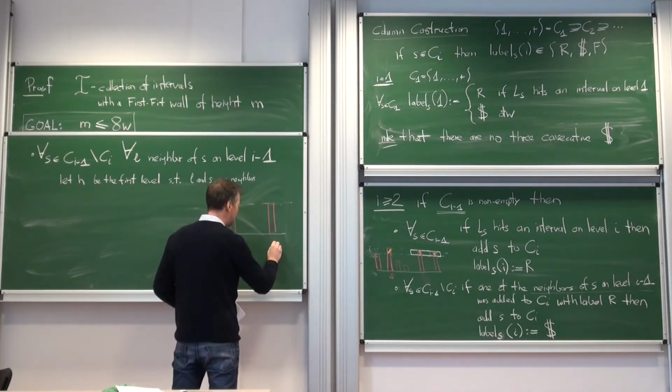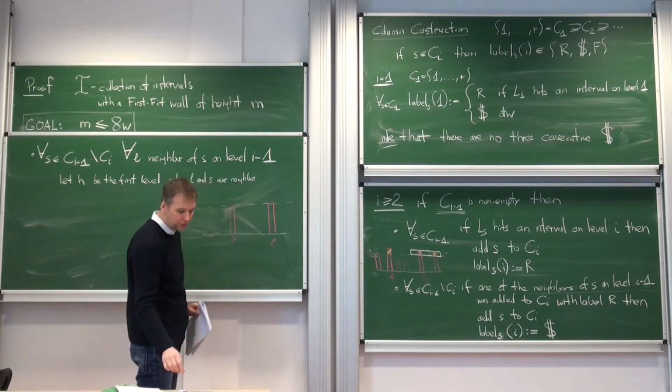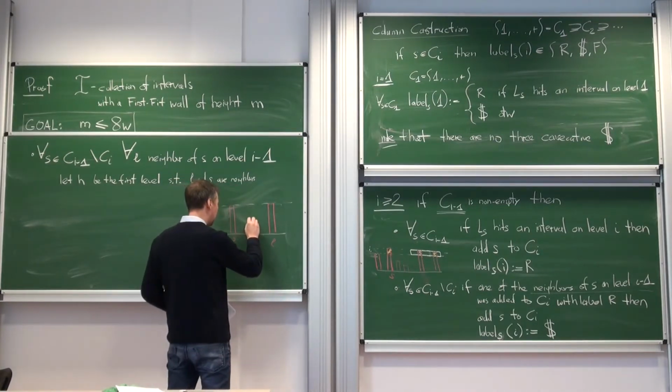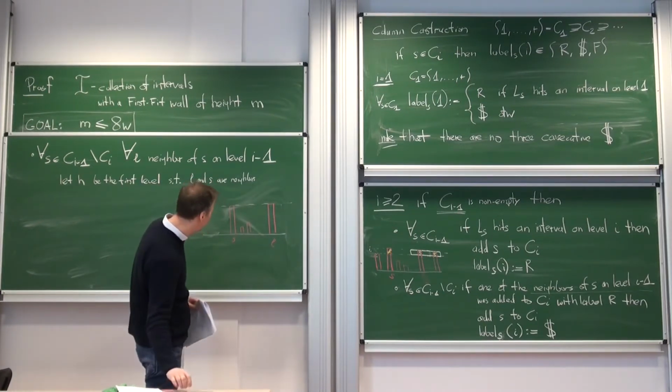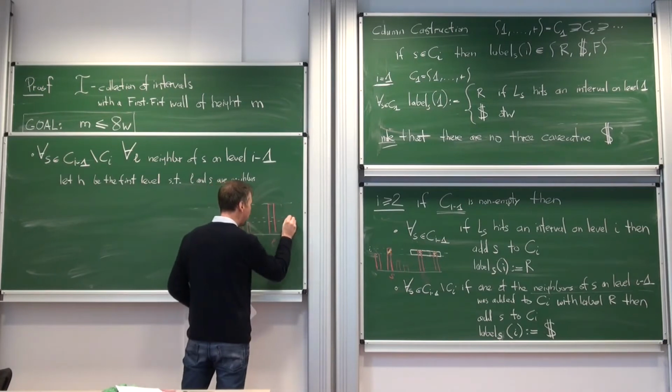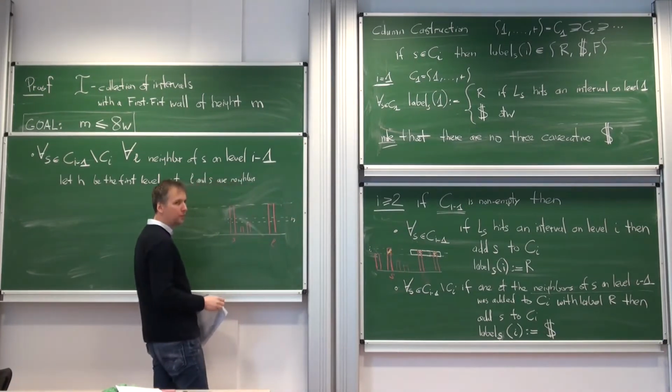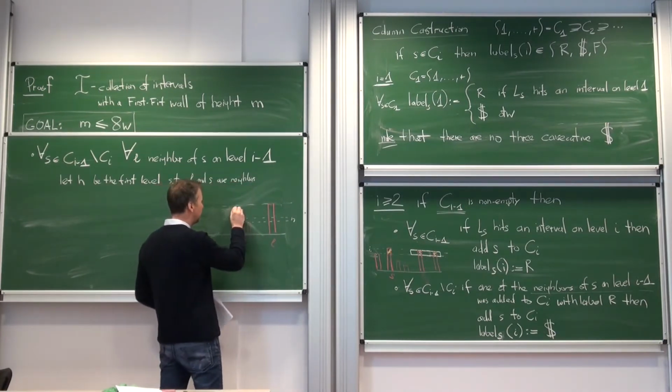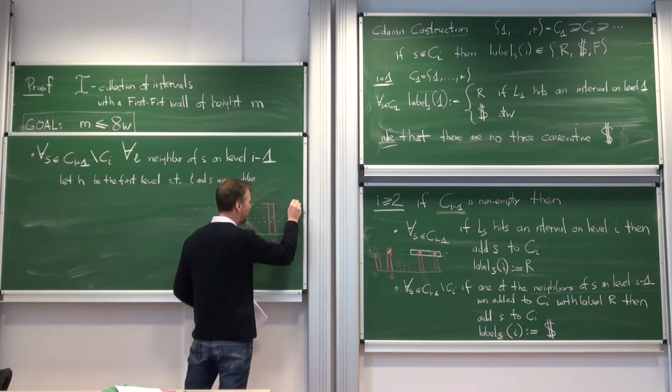That's our L, and then maybe that neighbor is a neighbor from this level here. This is level H. And this level here that they are alive is level I-1.